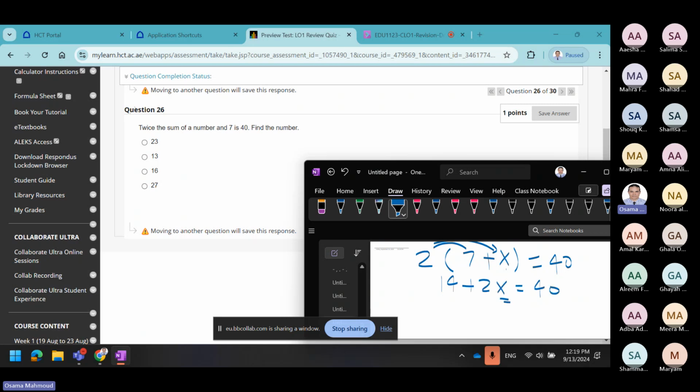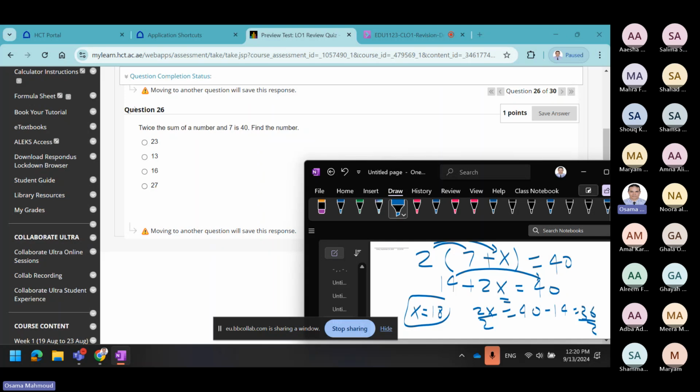Now I'm looking for x. So move this one to the other side. 2x is equal to 40 minus 14, which is 36, divided by 2. You have x equal to what? 80. So the right answer, sorry, did I make a mistake? It's 40. Twice the sum of the number and 7, x plus 7 twice is equal to 40.